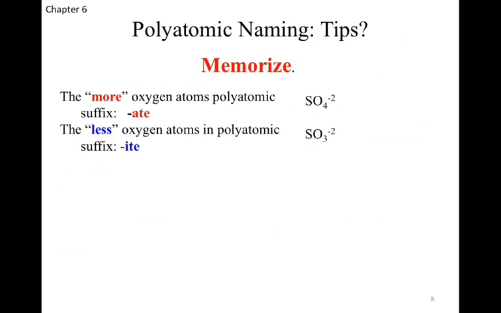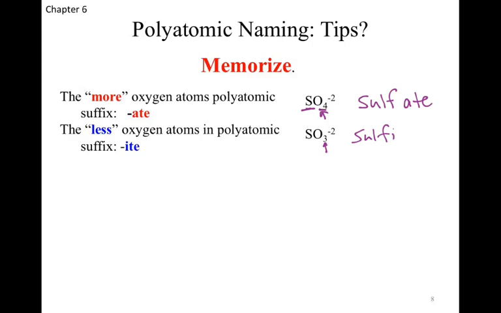So when we put sulfur next to oxygen, we get our root name sulf followed by -ate. Okay? We know it's the -ate ending because there's 4 oxygens and not, say, a lower number like 3. Okay? And if we shift it to less oxygen atoms, it becomes sulfite.